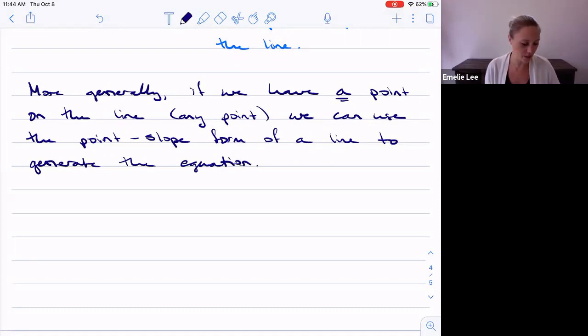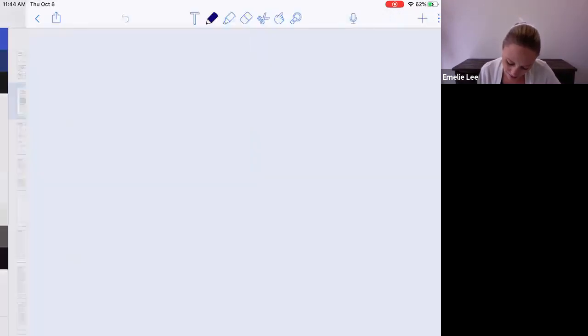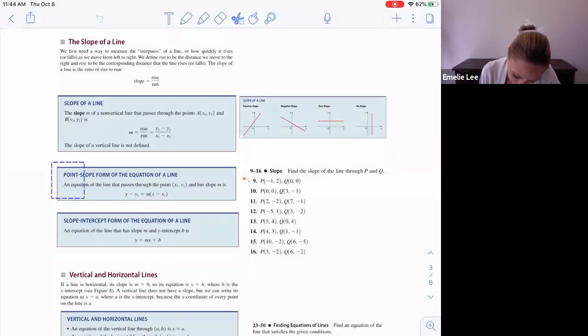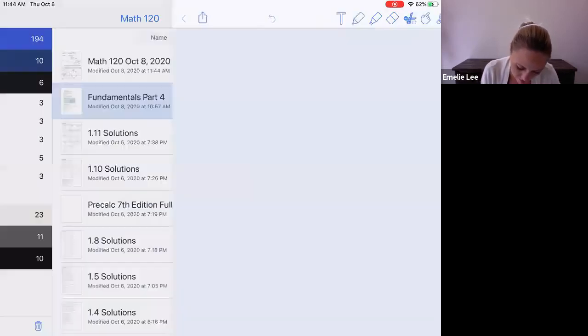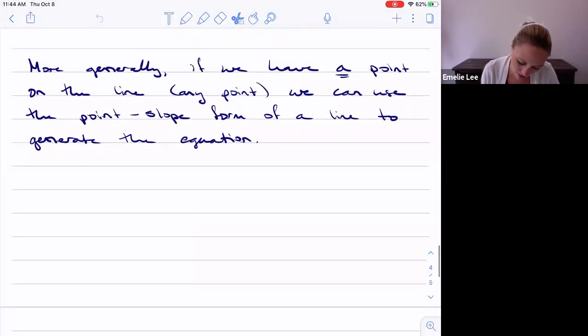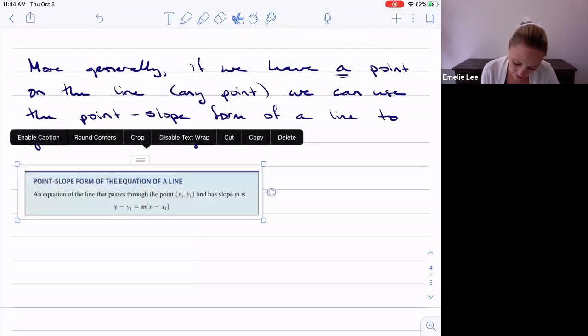The point-slope form of a line is the one I kind of skipped for a little bit. So this is just more general.